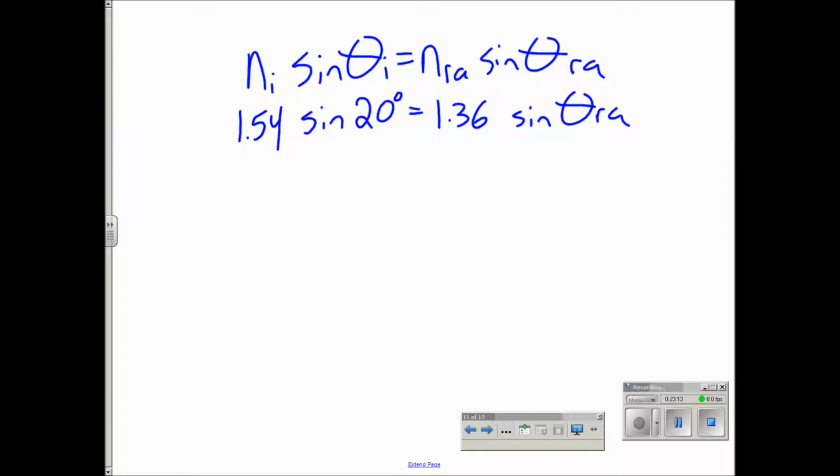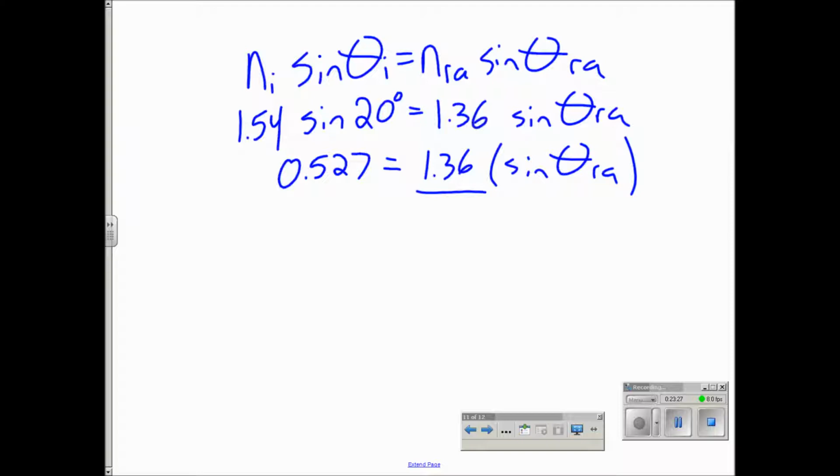So 1.54 times the sine of 20 gives you 0.527 equals 1.36 times the sine of theta RA. Remember, get that by itself by dividing by 1.36.